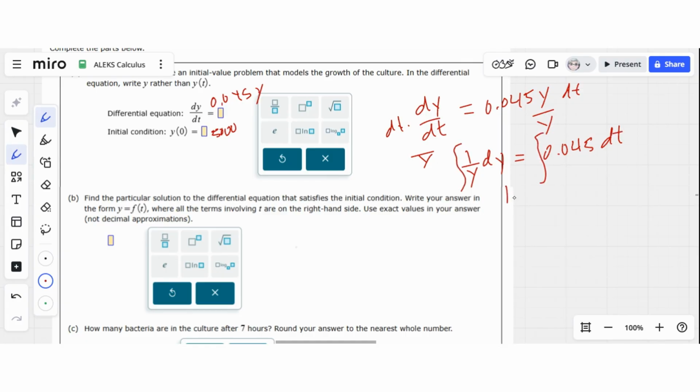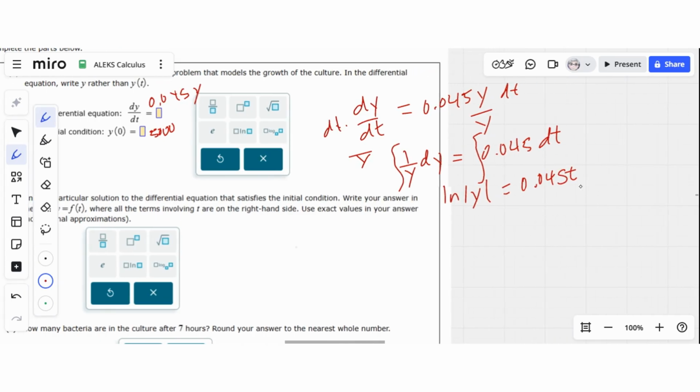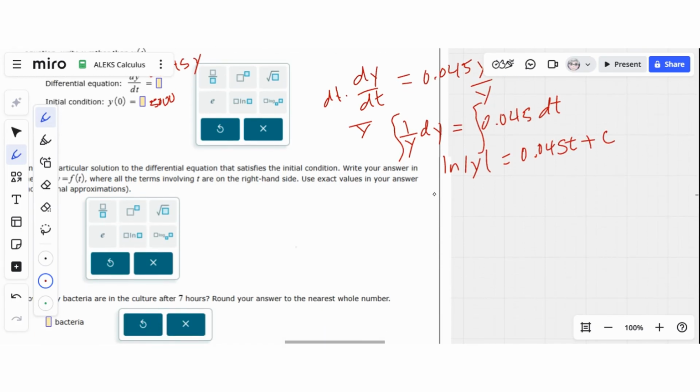and we're going to get the natural log of the absolute value of y over here, and we're going to get 0.045t, this is a function of t, plus a constant here. We're going to exponentiate now, and we're going to get the absolute value of y equals e to the 0.045t plus c.